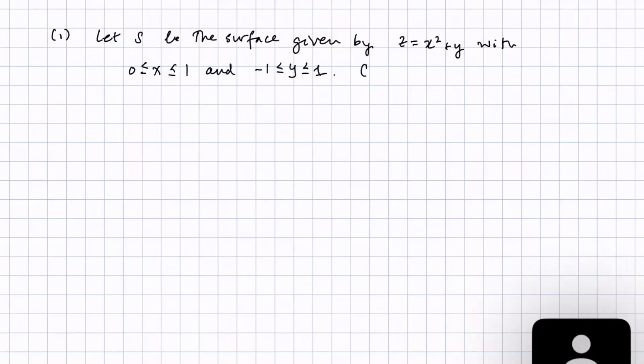And then I want to compute the double integral over the surface S of x dS.